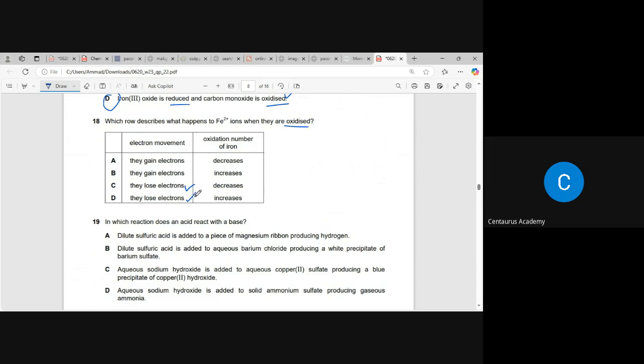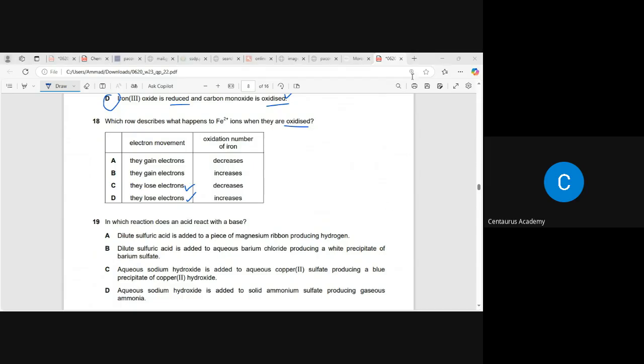Now tell me what happens to the oxidation number. Yes, very good.